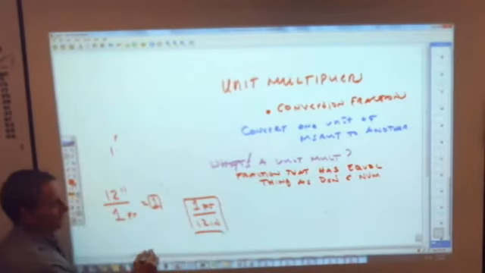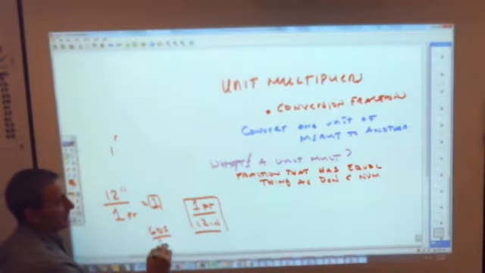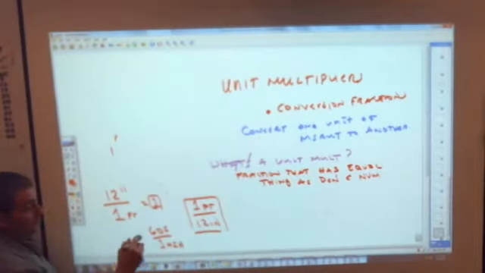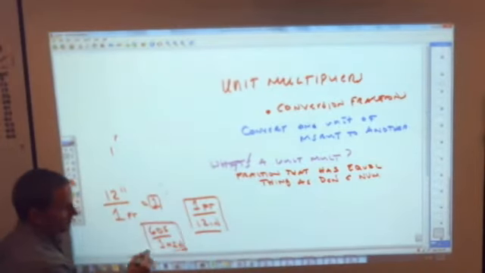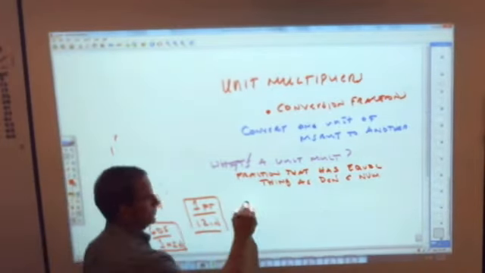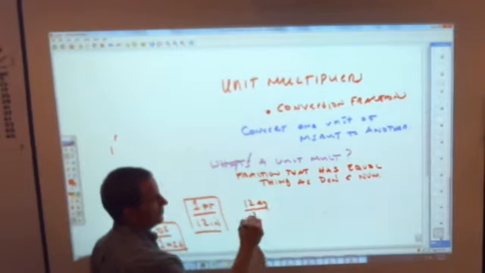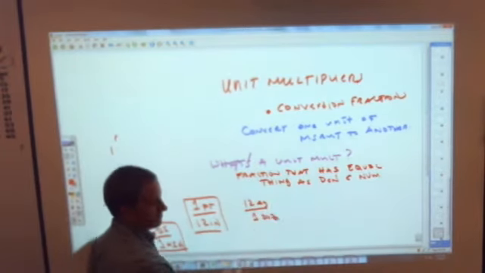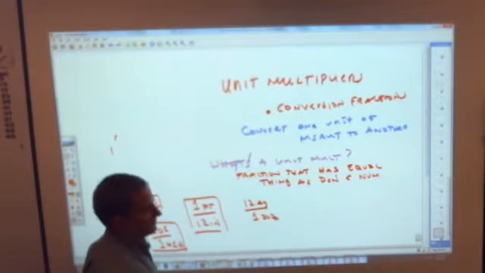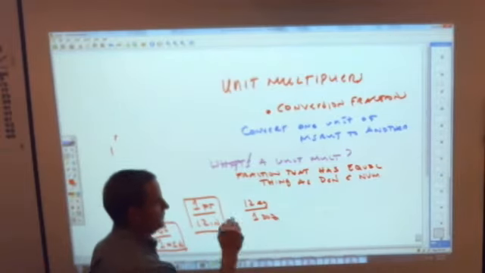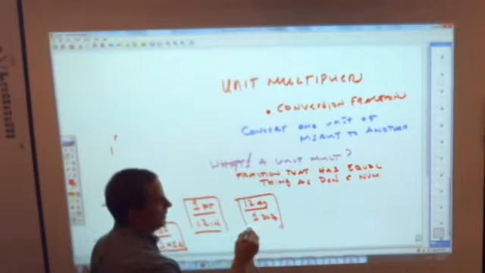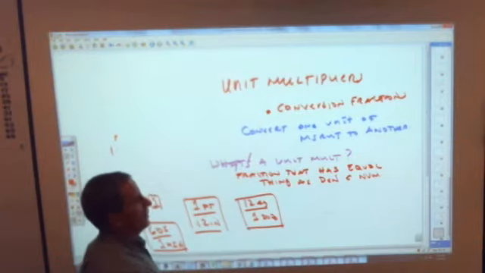You can do time. 60 seconds in 1 minute. Or the flip-flop of that. You could do eggs. 12 eggs is 1 dozen. 12 is the same as a dozen. 12 units of whatever it is would be the same as a dozen. What else could we do?